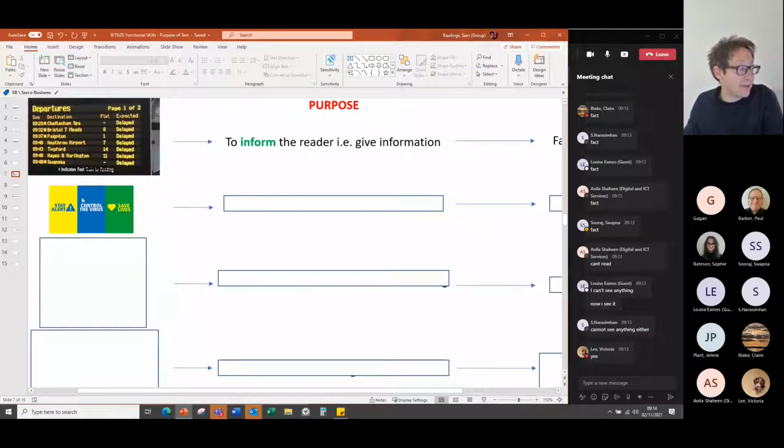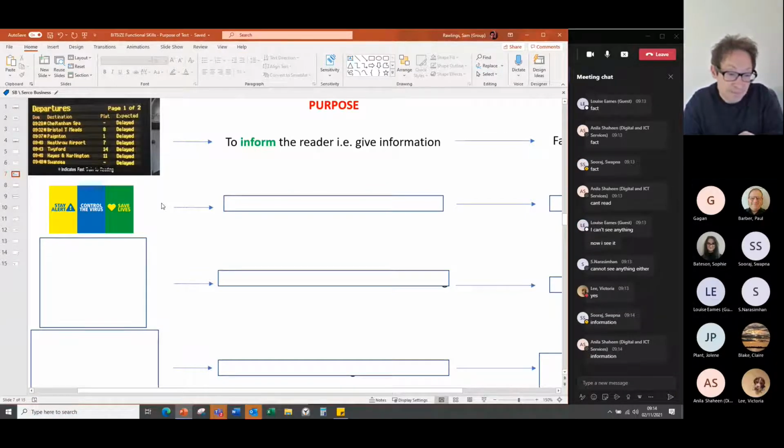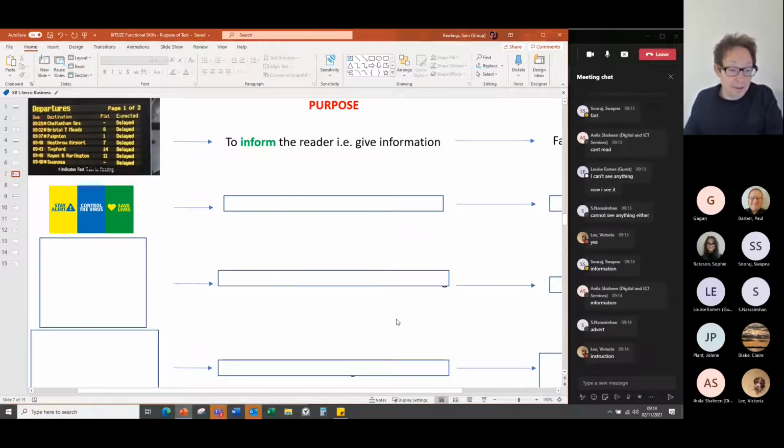So what are we looking at here? Has anyone got any thoughts on that? Is it information? Is it telling you the time of something or the date of something? Okay, I'll zoom a little bit more.